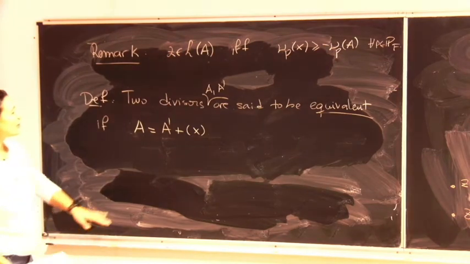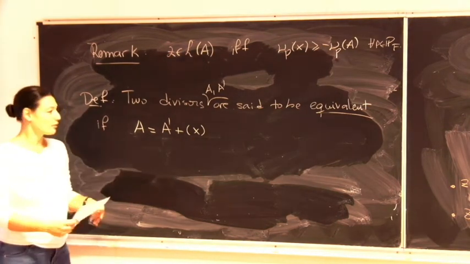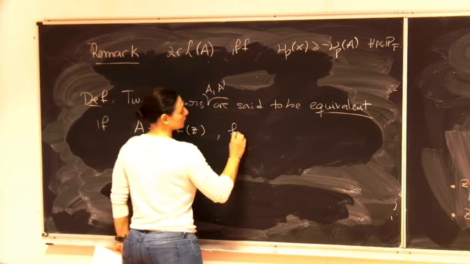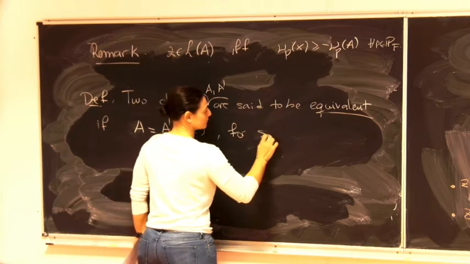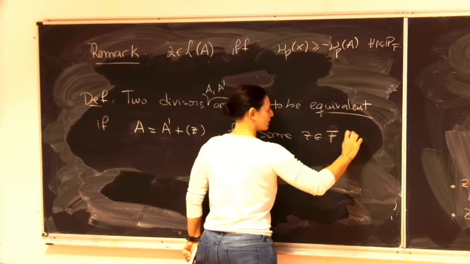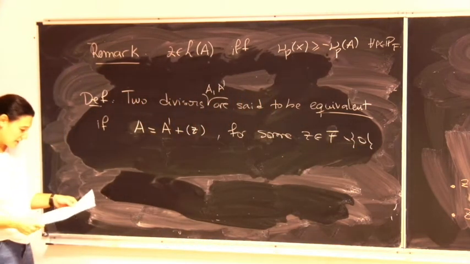So they are equivalent if the difference of both is the principal divisor of some z in the function field minus the 0.